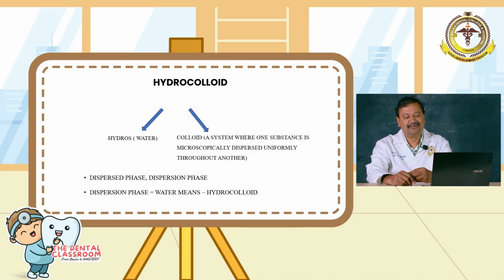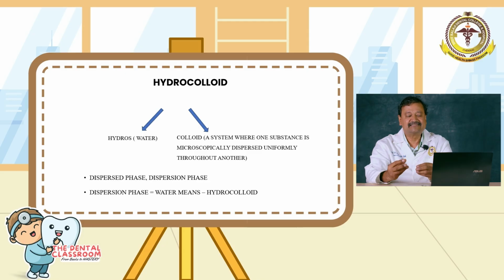Hydros means water and colloid means it is a system where one substance is microscopically dispersed uniformly throughout another system. The two phases are called dispersed phase and dispersion phase.